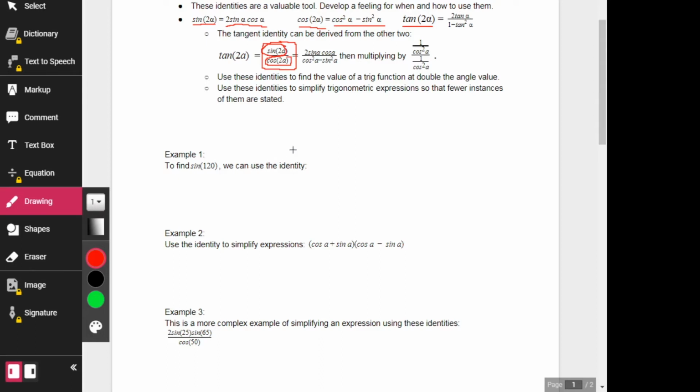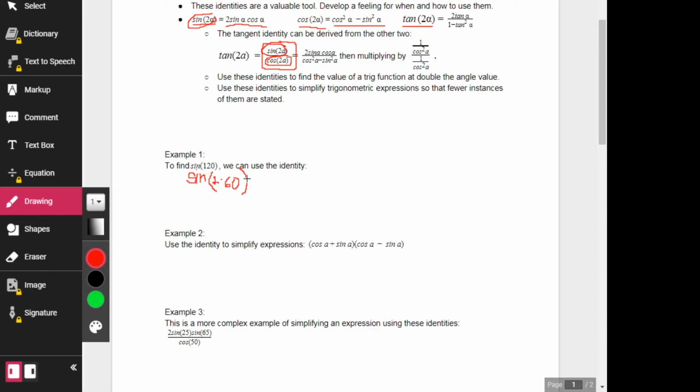This is a tool, and we can say, well, 120 is 2 times 60. So sine of 120 is the same as sine of 2 times 60. This is meant to be our 2a, so if we use sine of 2a, sine of 2 times 60, that means a is 60.